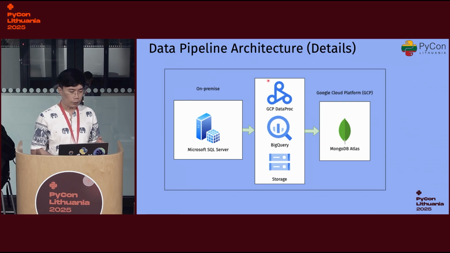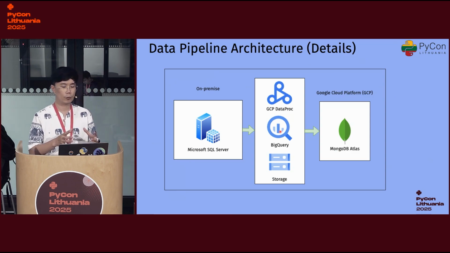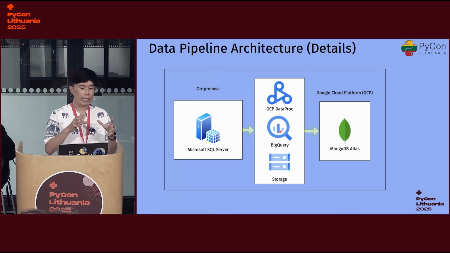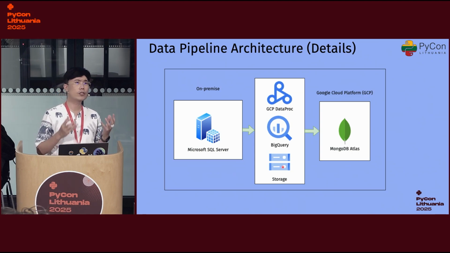So we will focus on how to write some code in PySpark inside the Dataproc, and BigQuery stores some of the data for reference. The customer already has BigQuery existing, and also the storage file. Why do we need storage?